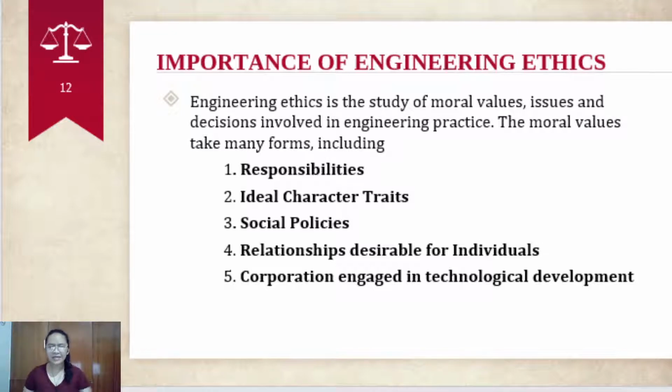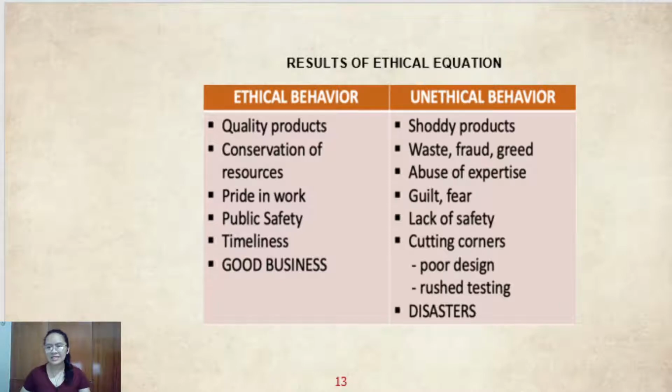So why is ethics important as an engineer? Any decision an engineer makes must include the consideration of the public. And as a professional, of course, our main goal should be to do more good than harm. The next slide is the result of the ethical equation.